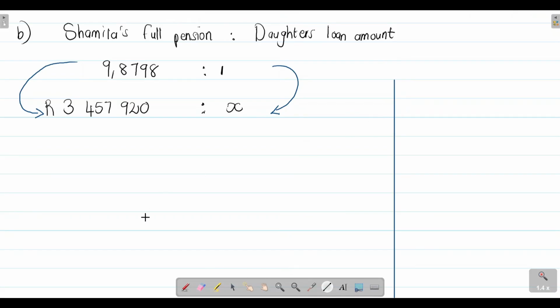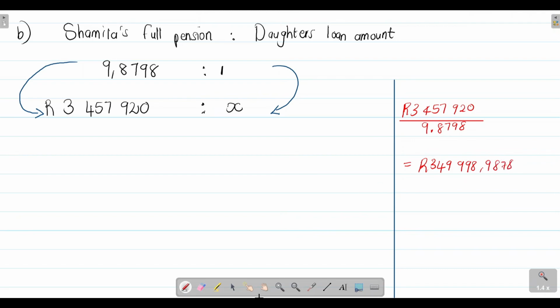Okay, so if you take that 3,457,920 and you divide it by 9.8798, you will get 34998.9878.